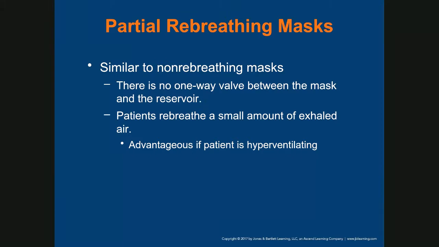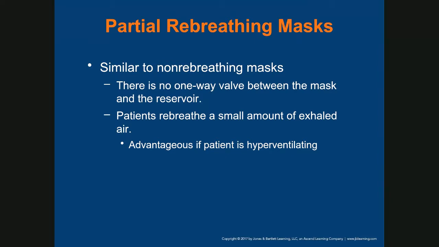So if I have multiple patients in which I cannot monitor them constantly, I would use a partial rebreathing mask. So I wouldn't have to worry about the mask suffocating the patient if the oxygen runs out.